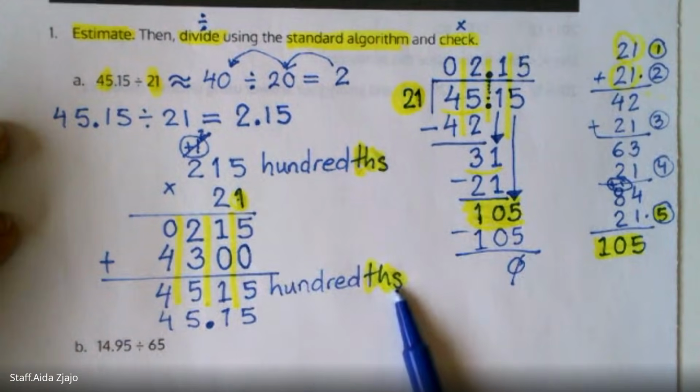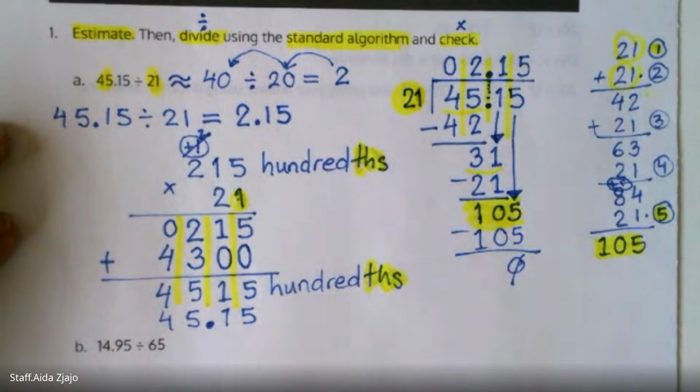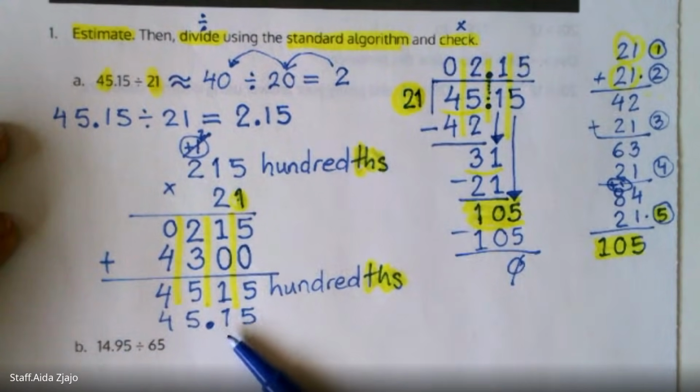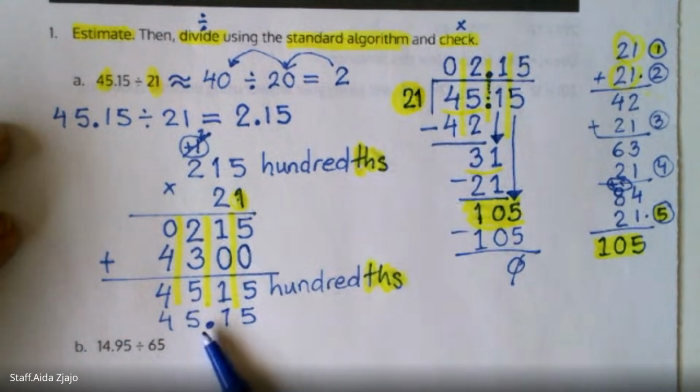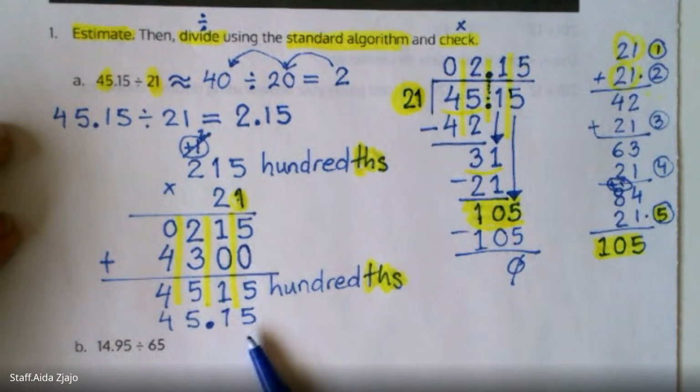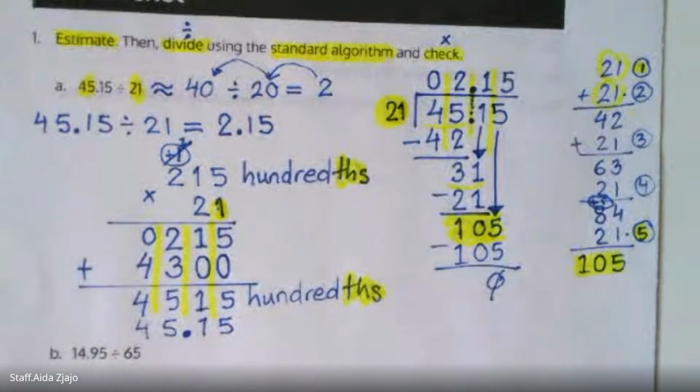Pennies or hundredths. Now you change those pennies into dollars and they become $45.15, or this 4,515 hundredths will become 45 wholes and 15 hundredths extra. Sounds good? All right, let's move on to the next one.